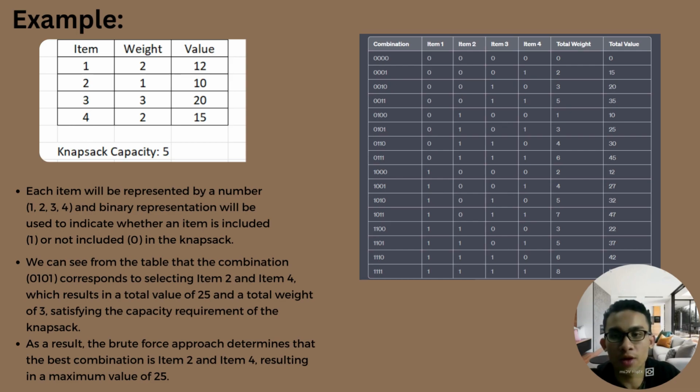Item number 1 has weight equal to 2, value equal to 12. Item number 2, weight equal to 1, value equal to 10. Item number 3, weight equal to 3, value equal to 20. And the last item, item number 4, has weight equal to 2, value equal to 15. The knapsack capacity equals 5, which is the maximum weight.